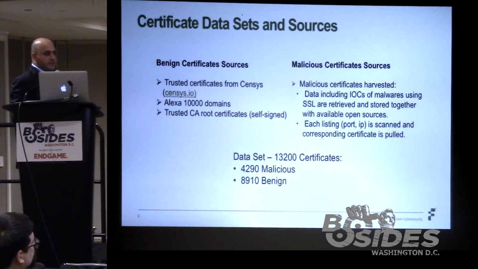Collecting benign certificates is not a big problem. There are many available. We use Censys, with plenty of millions of certificates there. We collect the trusted certificates there. We sample from there. We sample from the Alexa top 10,000 domains. And trusted certificate authority root certificates. These are self-signed, a few hundred of them.